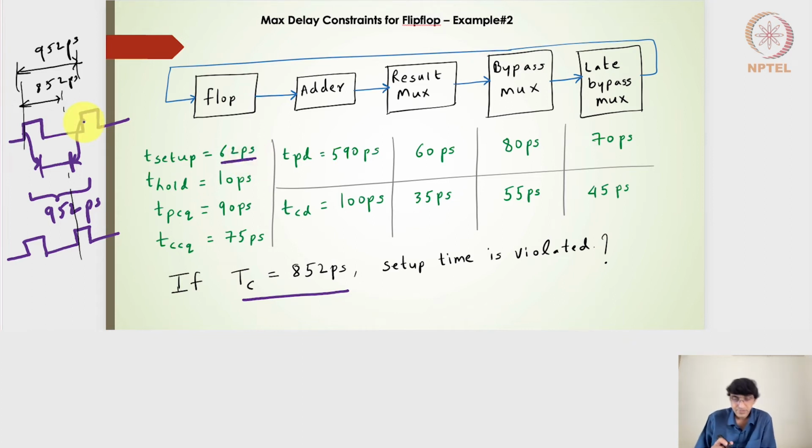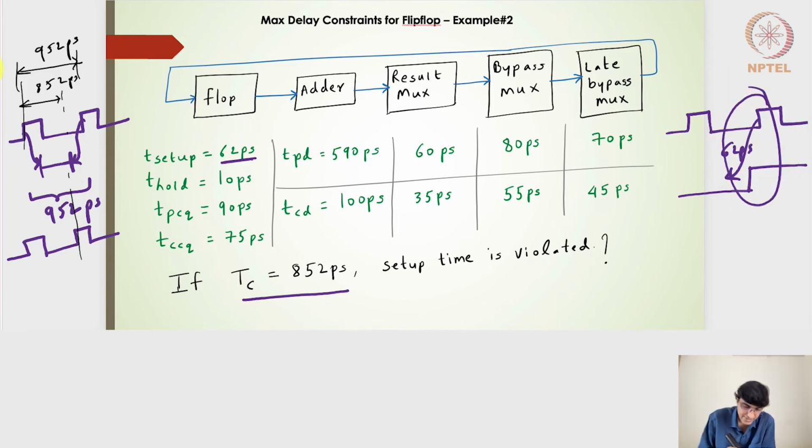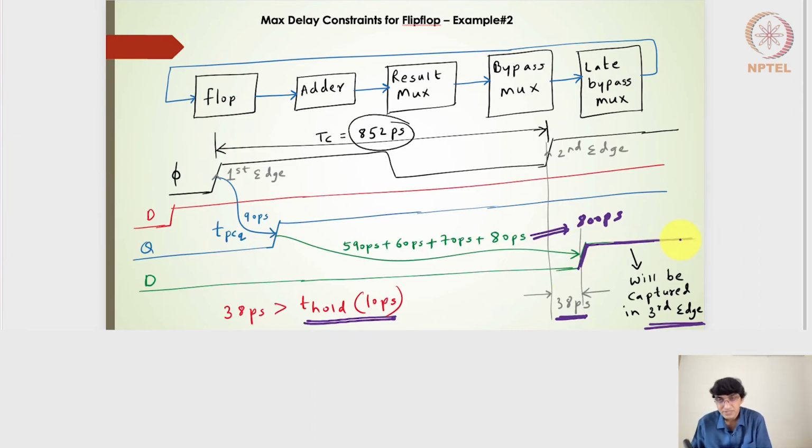So if I have a clock edge here and this is my 62 picoseconds, but my output actually reaches somewhere in between this, then we have this setup time failure. But in this case, it is actually not doing that, and in fact it is reaching much earlier with respect to the third clock edge, and it is reaching much later than the second clock edge, right? So in that sense, it is not having the setup time failure.